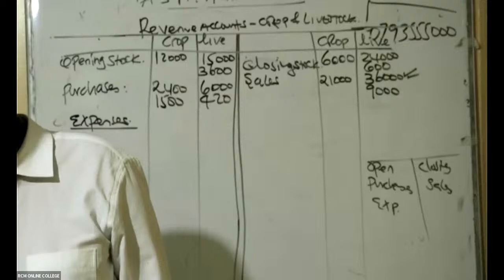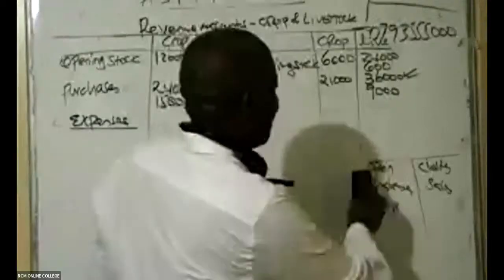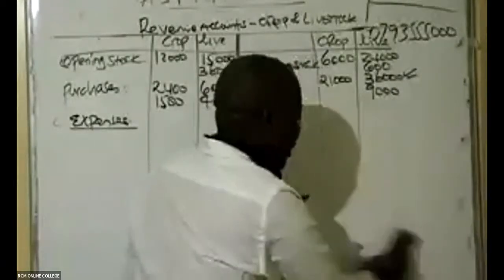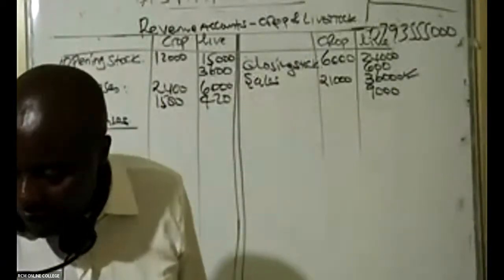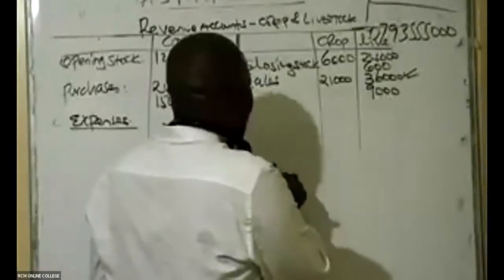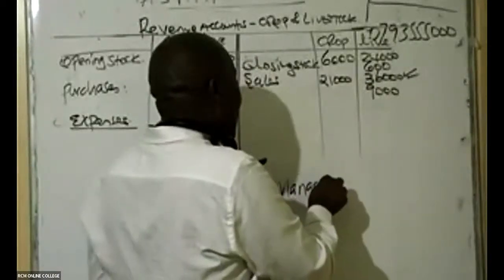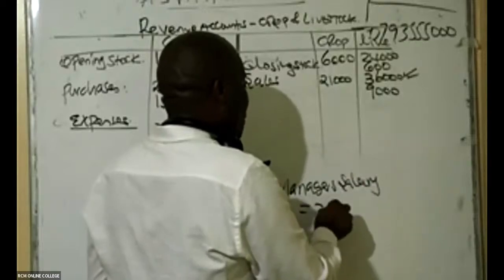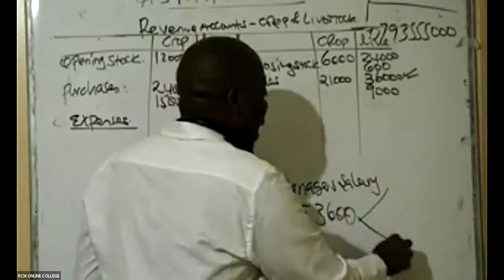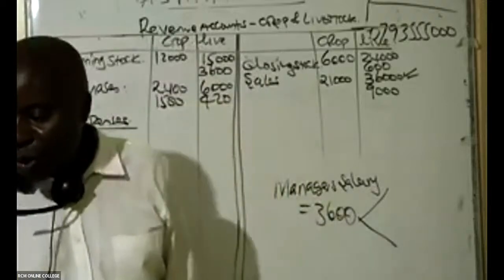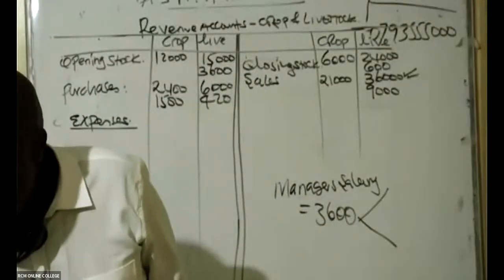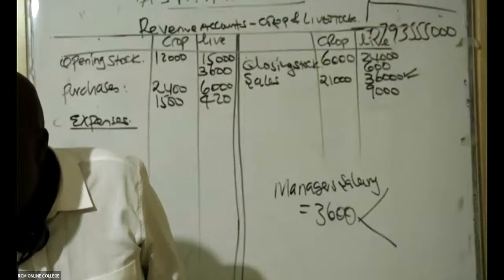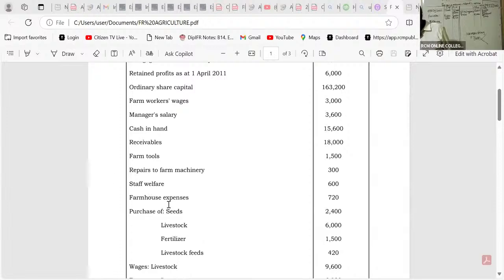So we have here manager's salary, which is 3,600. But this is to be apportioned.